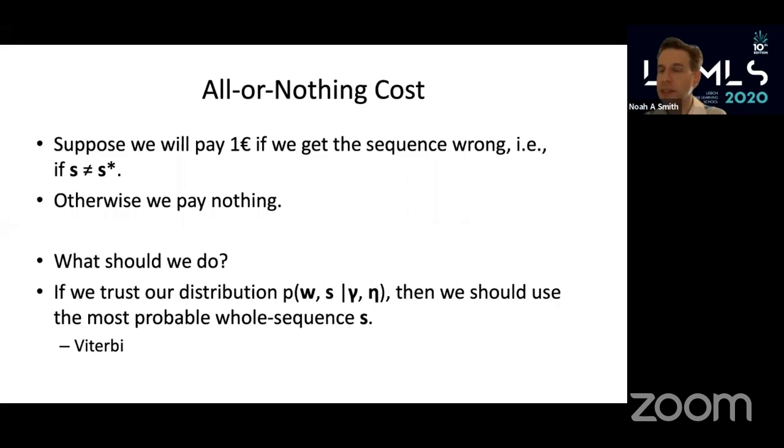If you trust the distribution given by the HMM over words and state sequences, then you should use Viterbi decoding. You should choose the state sequence that is most probable under the model, because you believe the distribution is correct, and what you care about is maximizing the chance that you don't pay €1, which means you should bet on the full sequence that the model thinks is most likely.